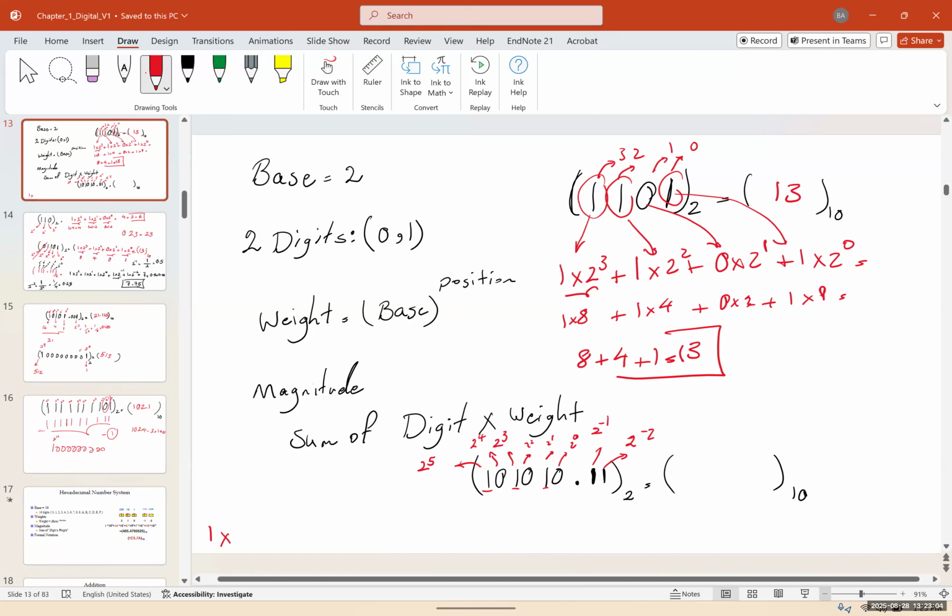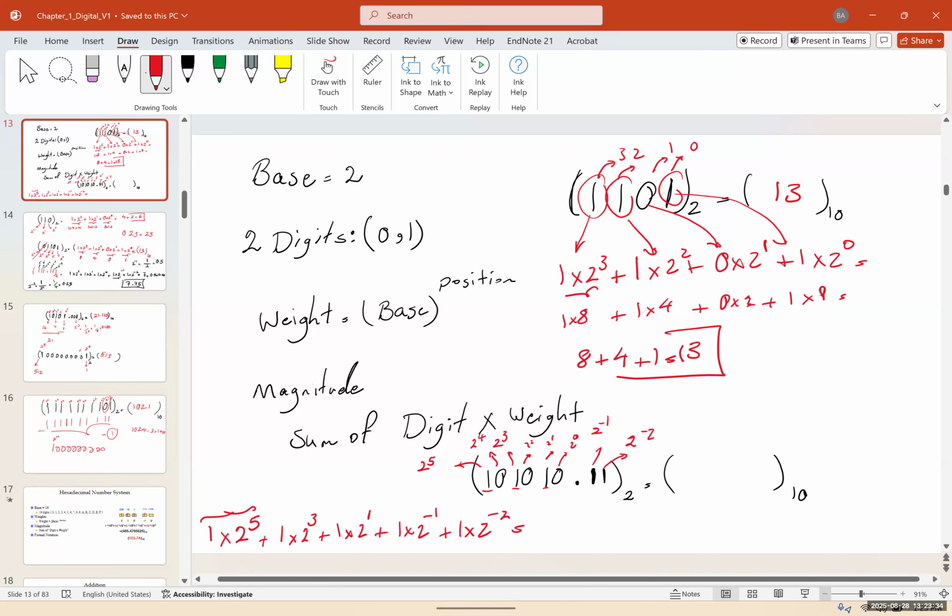The ones where the digit is 0, I'm just going to ignore, because it's going to be 0. So 1 times 2 to the power of 5 plus 1 times 2 to the power of 3 plus 1 times 2 to the power of 1 plus 1 times 2 to the power of -1 plus 1 times 2 to the power of -2.